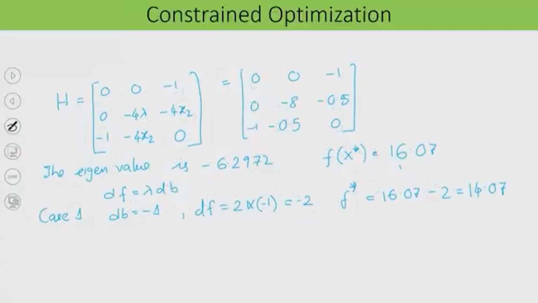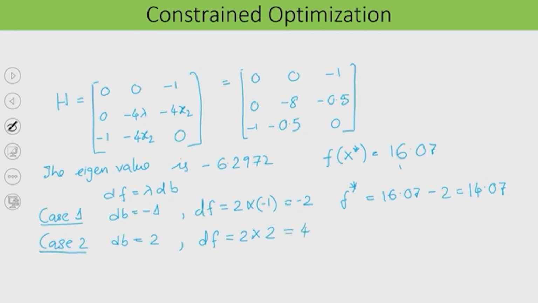Now, there is another case, case 2, that dB is positive, suppose 2 units. In that case df is equal to 2 into 2, so that will be 4.